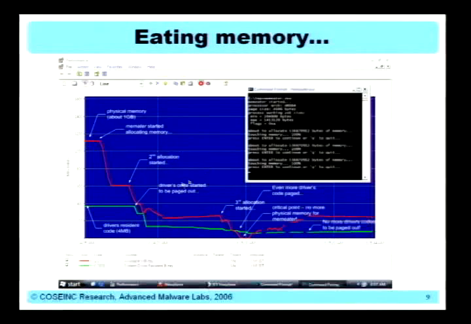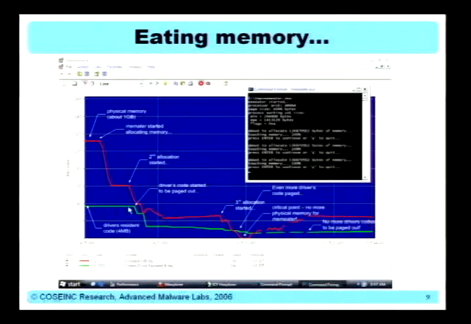By the way, it's a different scale. The red graph is like 1 gigabyte here, and the green line is around 4 megabytes.